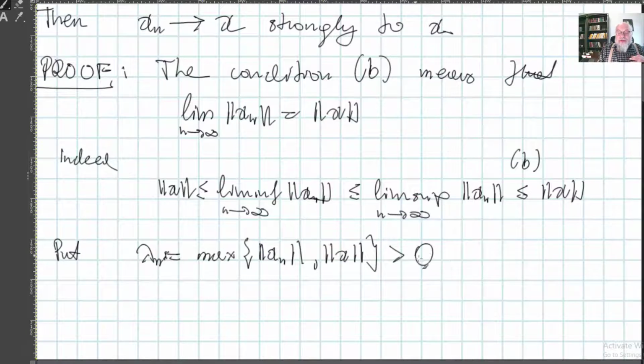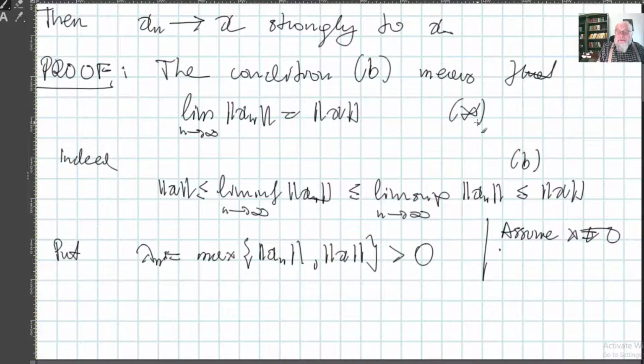So let's say: assume that x is not equal to 0.